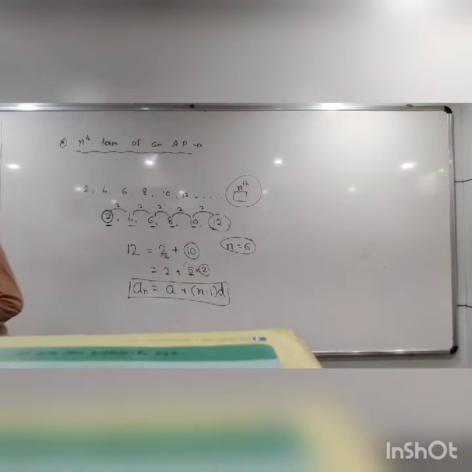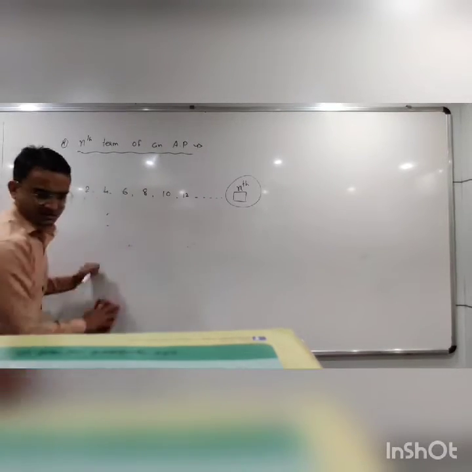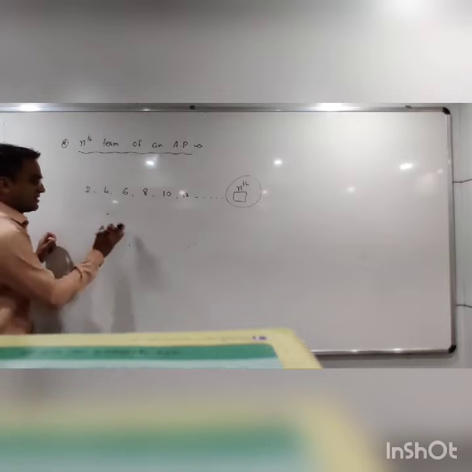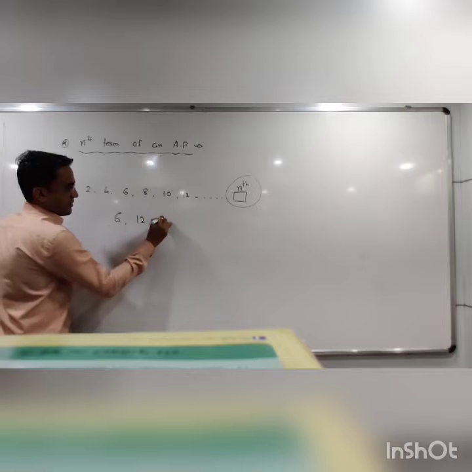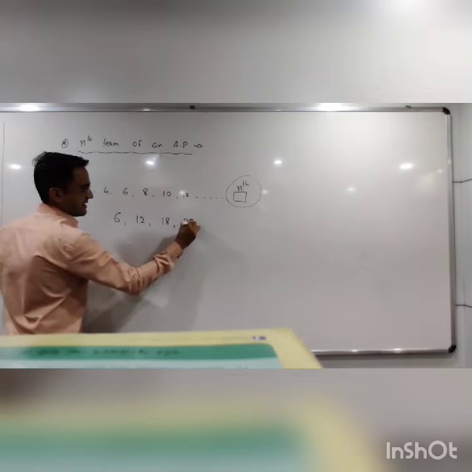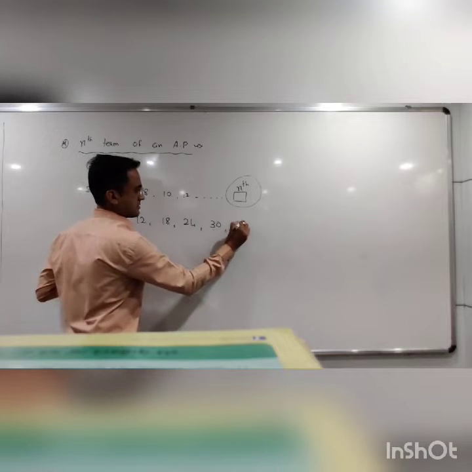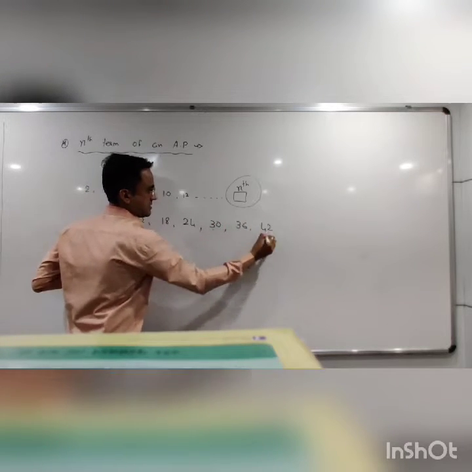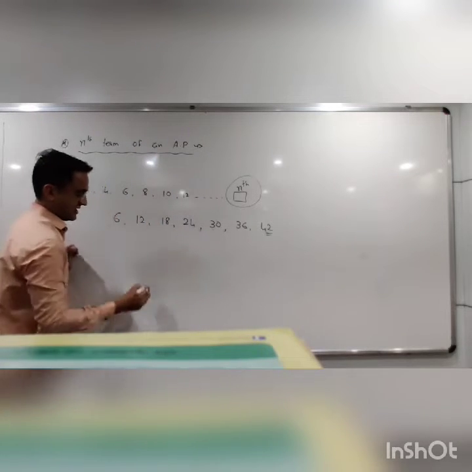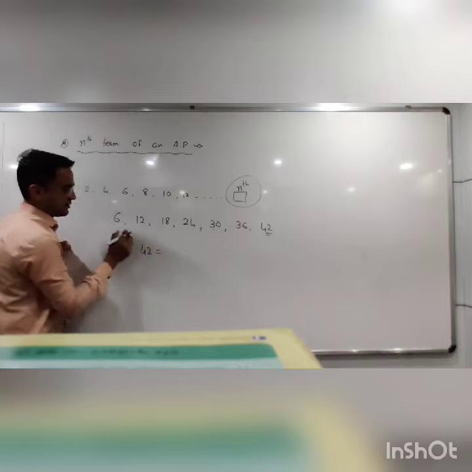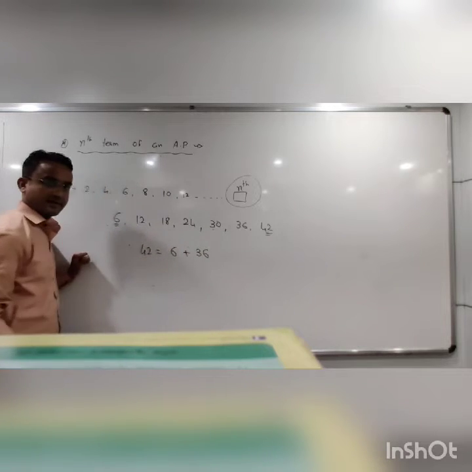Clear? For example, if you consider another example, like 6, 12, 18, up to 42. 42 means you have to write the first term, I can write like this, right?